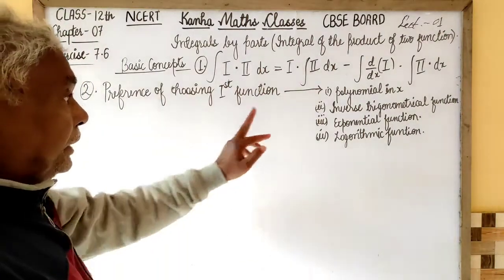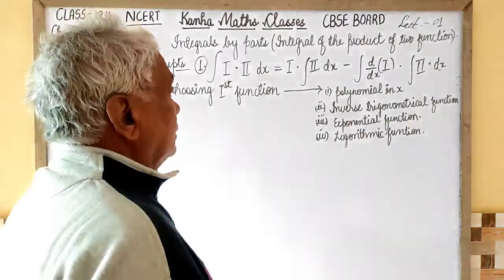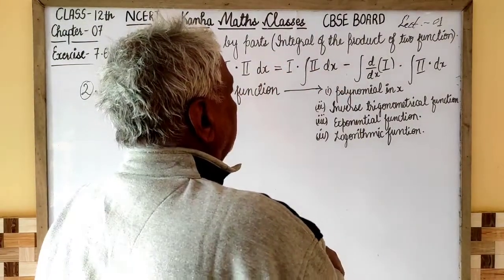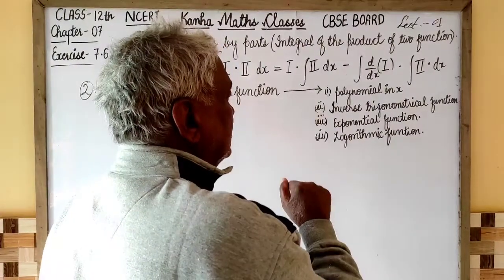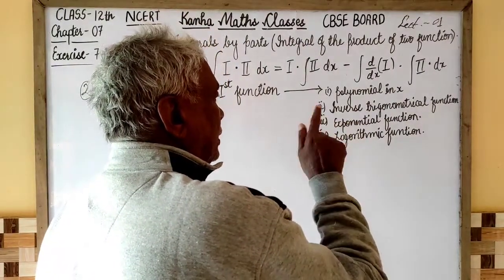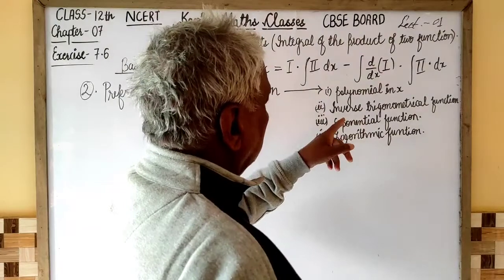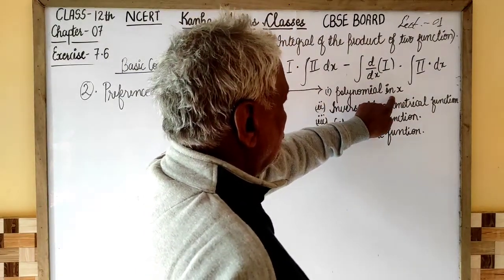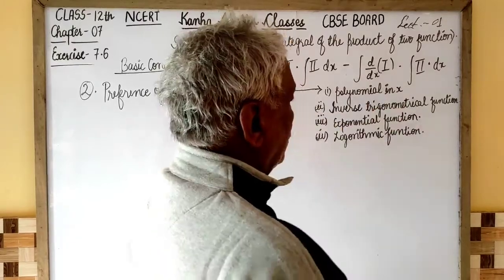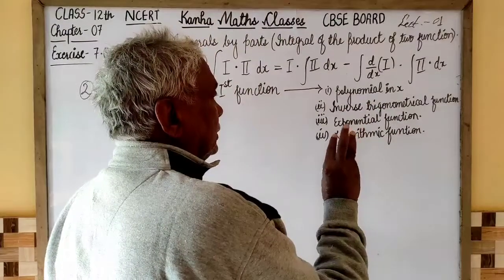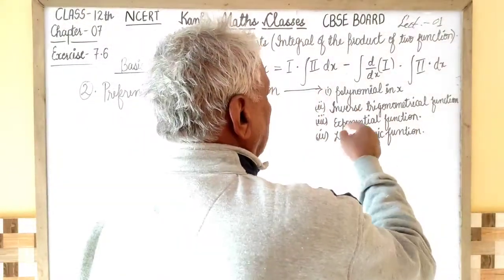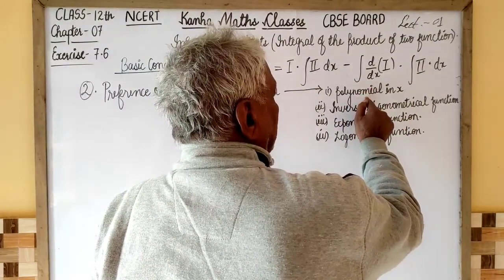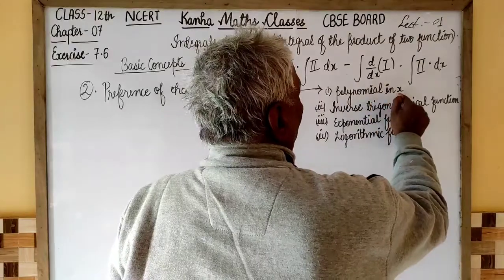I have narrated here, in preferential order, that first of all, you search whether a polynomial in x is situated in the product of two functions or not. If a polynomial in x exists in the product, then you must select the polynomial in x as the first function.